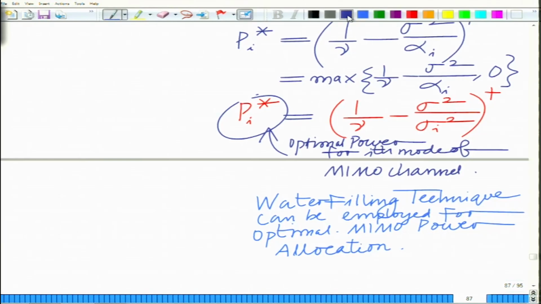Thus the water filling technique can be employed for optimal MIMO power allocation.